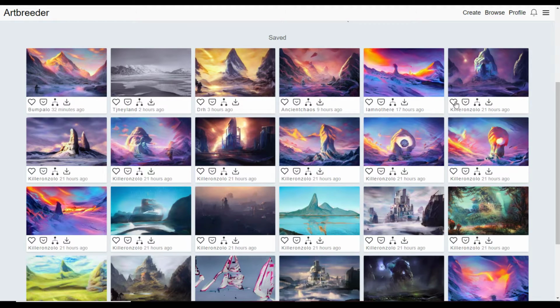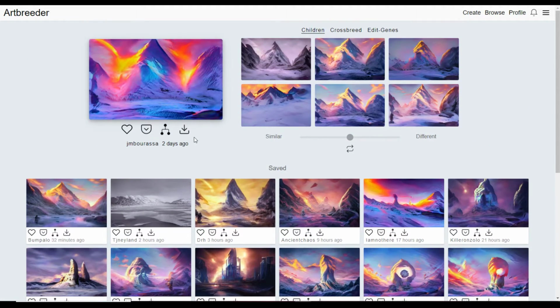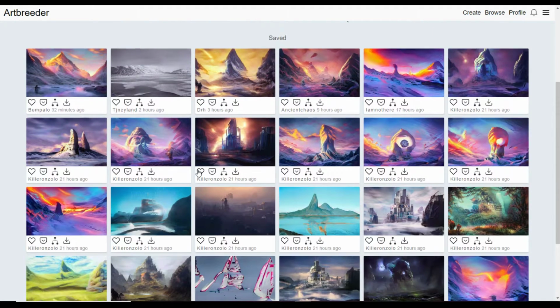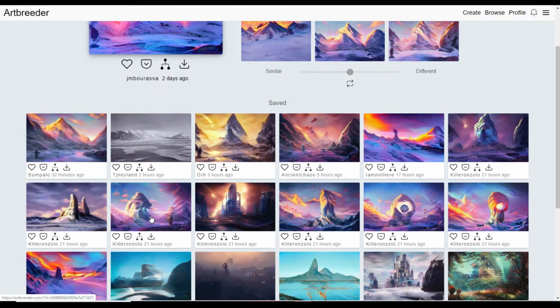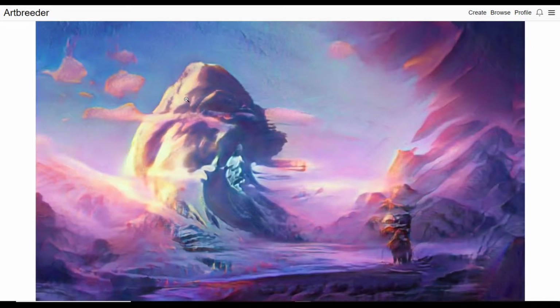So here's all the images that have been generated from this one up here. Most of them have mountains, like is suggested here, but this one becomes some sort of, oh wow. This could be like a mountain, but it's been kind of hollowed out, and there's like a central glowing cavern or cave of some kind.